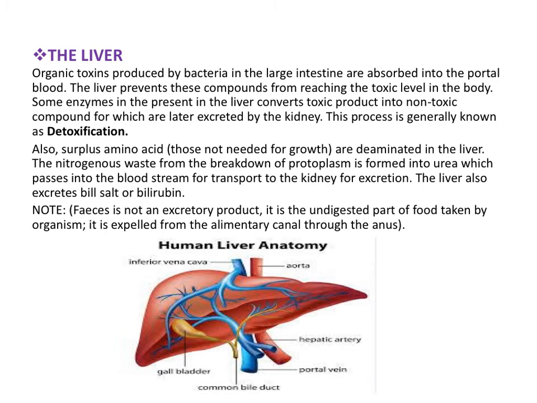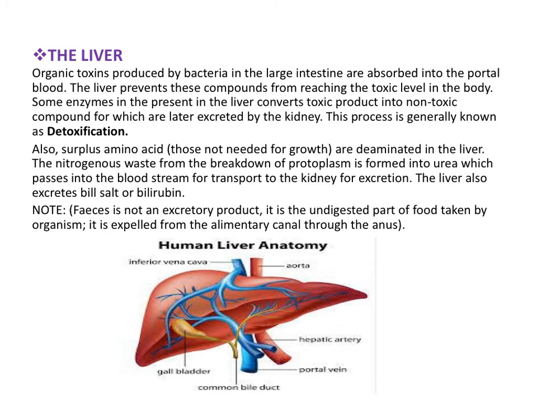Also, surplus amino acids, those not needed for growth, are deaminated in the liver. The nitrogenous waste from the breakdown of protoplasm is formed into urea, which passes into the bloodstream for transport to the kidney for excretion.